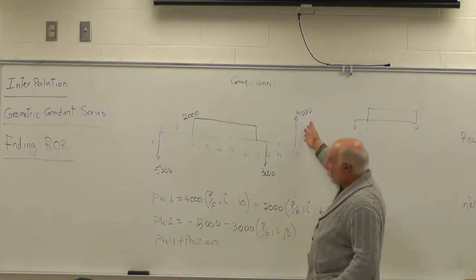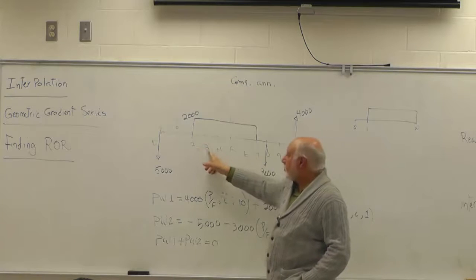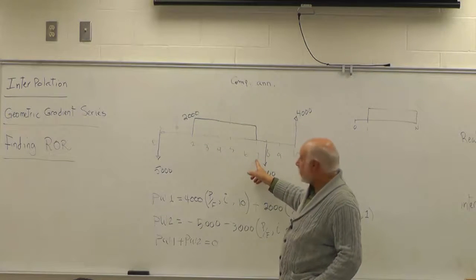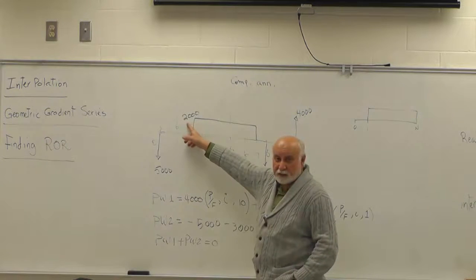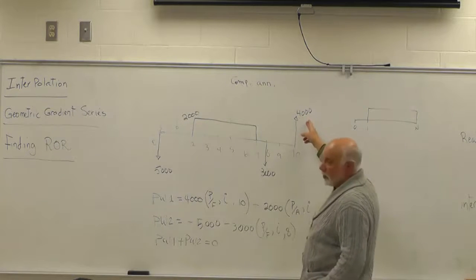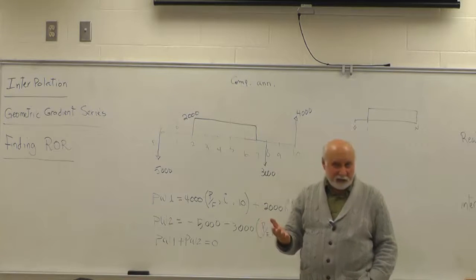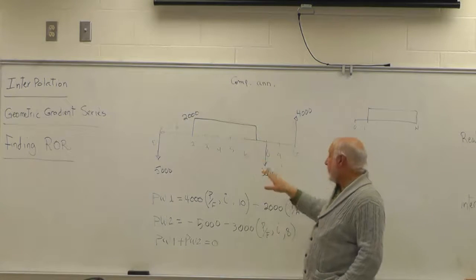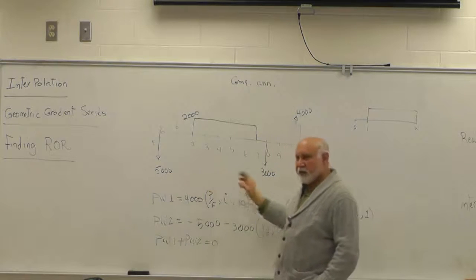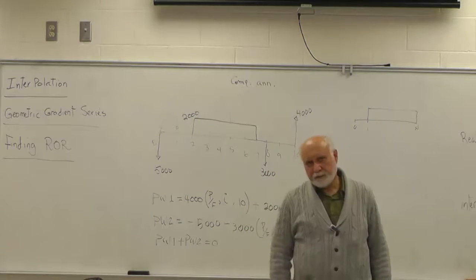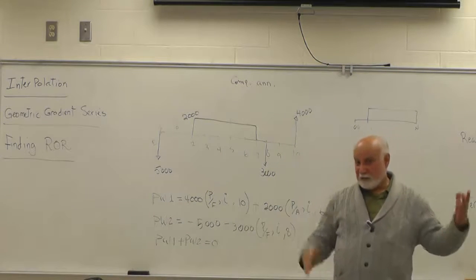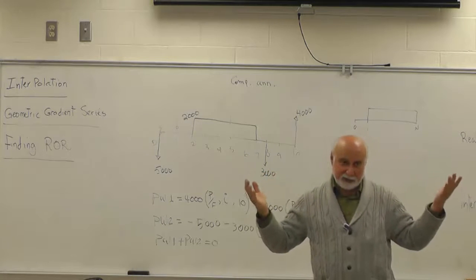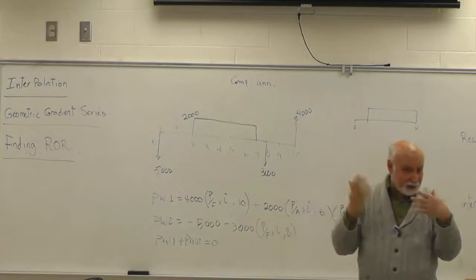This is 4,000 plus 6 times 2 is 12,000. 12,000 plus 4,000 is 16,000. So up here I have 16,000. Down here I have 8,000. From 16,000 to 8,000 there is a significant difference. They are not close to each other.